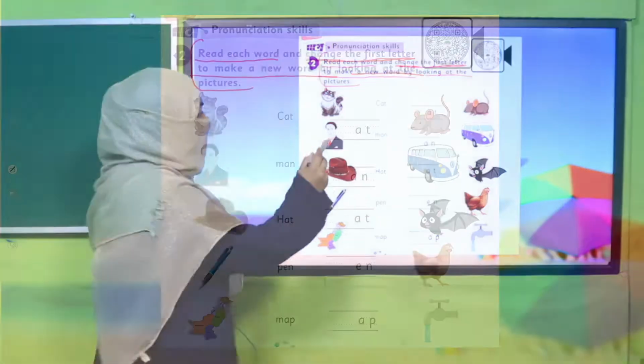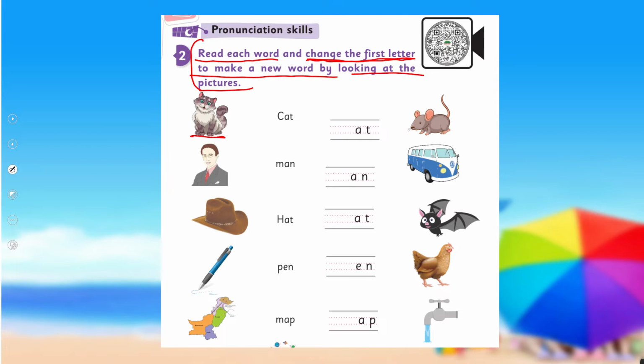For example, this is cat and its initial sound is k, cat, and the ending sound is at. All right, now look at this picture. This is rat. It means by changing this C into R, this is small r, it becomes rat. Cat, rat.